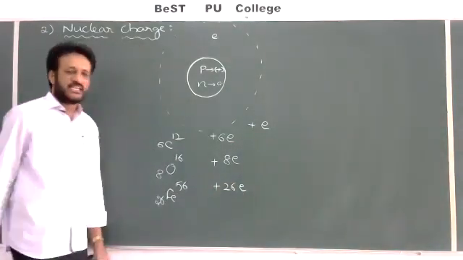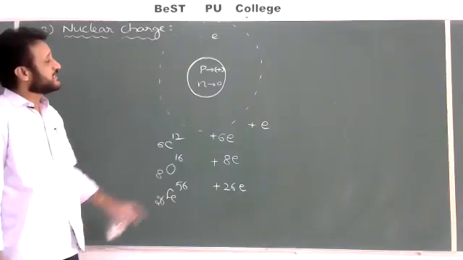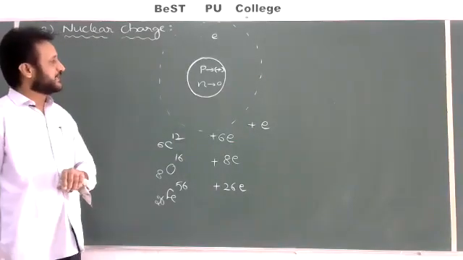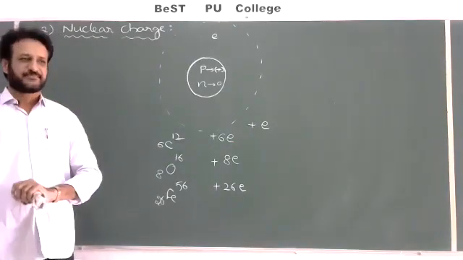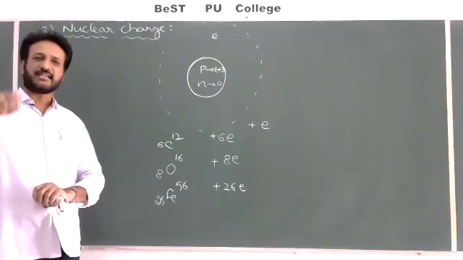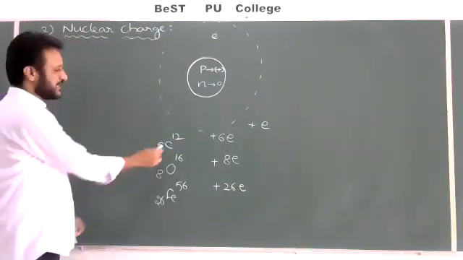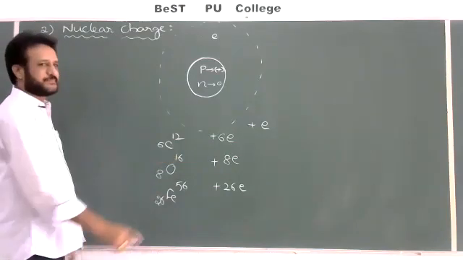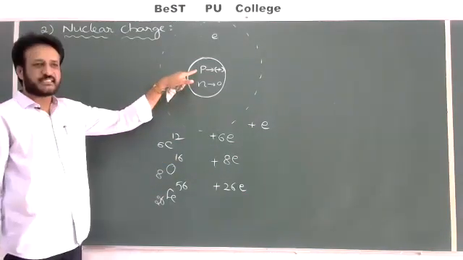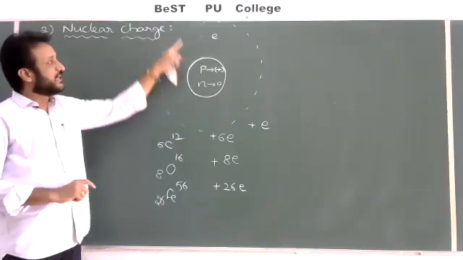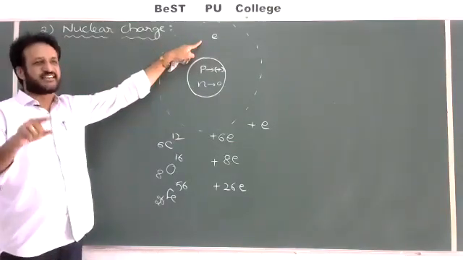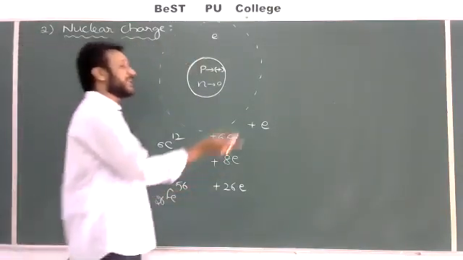In the neutral condition, what is the charge of, for example, a carbon atom? Not the nucleus, the carbon atom. The carbon nucleus contains a total of 6 protons. It also contains a total of 6 electrons. Then what is the charge of the carbon atom?